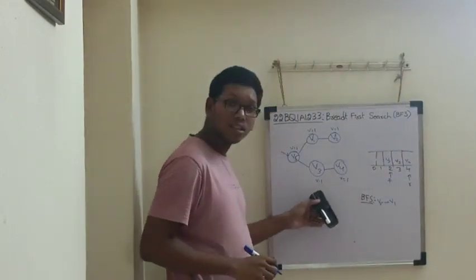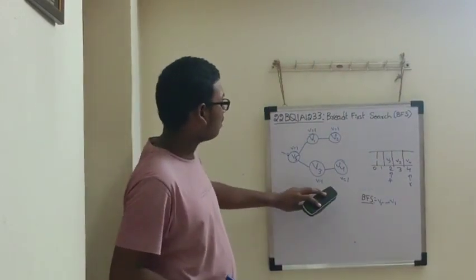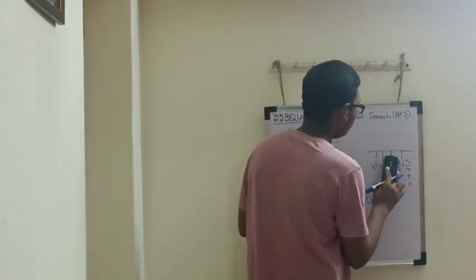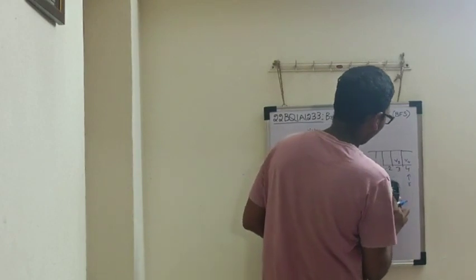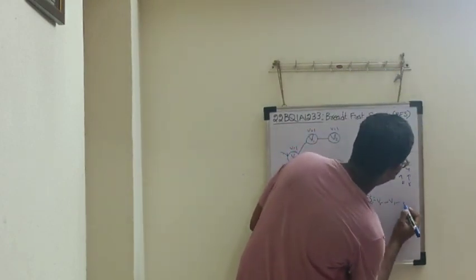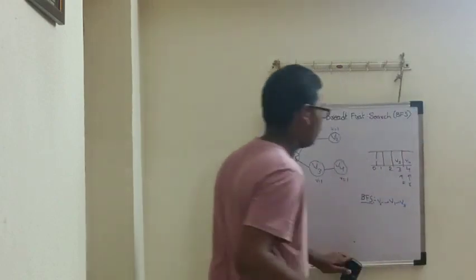So there are no other non-visited adjacent vertices to V3. So I am popping it from the queue, or dequeuing, and adding it to the BFS.